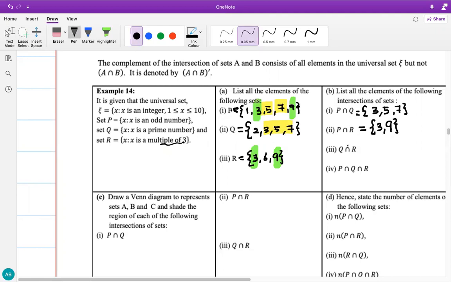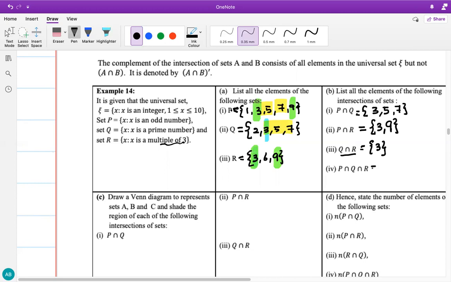Now we go to Q intersect R. I'm going to use a blue color. For Q and R, what are the common elements? You can see here also 3, and then 2, 3, no more. So it's only one element, a set with only the element 3.